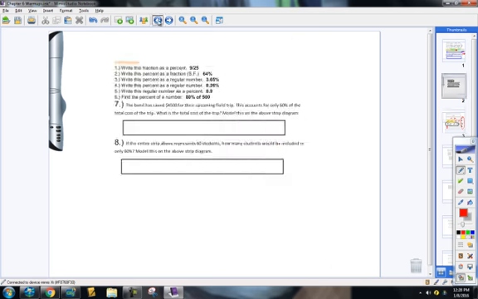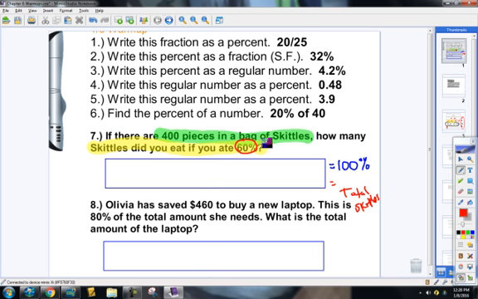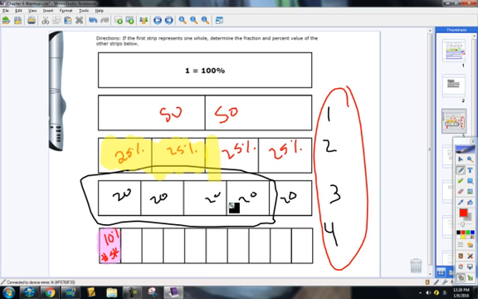How do you guys think, since 60% is given, how should I cut this strip diagram up? Who can tell me? Yep. It's 20%. I would cut it into 20% because I know if I look at this right here, that's 20, that's 40, and that's 60. So I know that 3 sections make 60%.